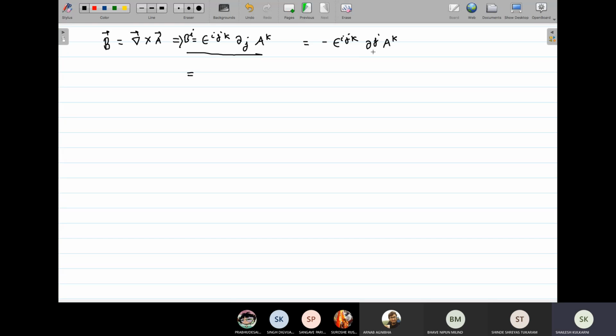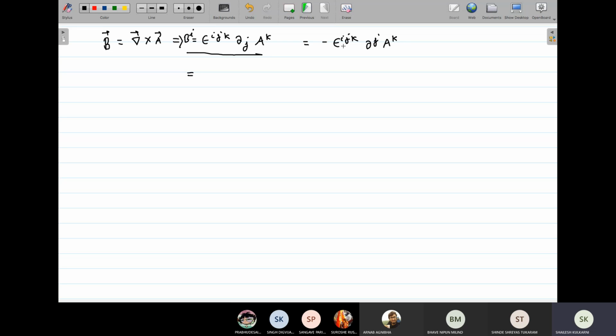I hope by this time you should be comfortable moving this index j up. I have taken this j up, so I get a minus sign here: epsilon ijk del j ak.